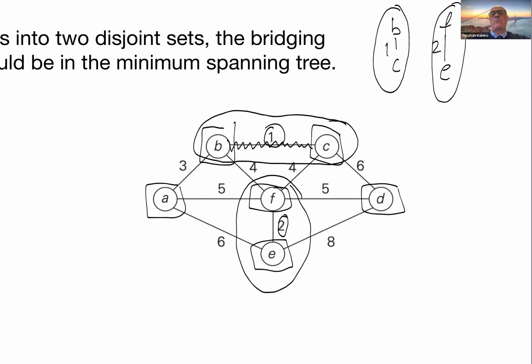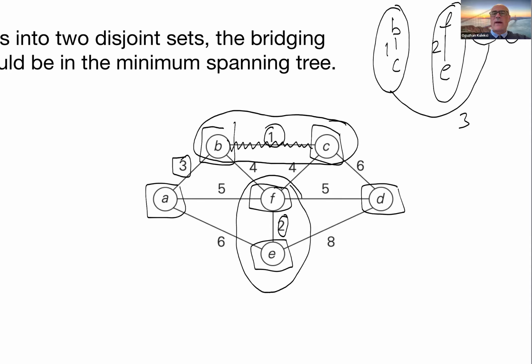Now, what else do I have? I have A here and D here, so these are just standalone guys. I'm considering how I can bridge BC with A. BC with A comes with a cost of 3, so this connection, the minimum one, is equal to 3.